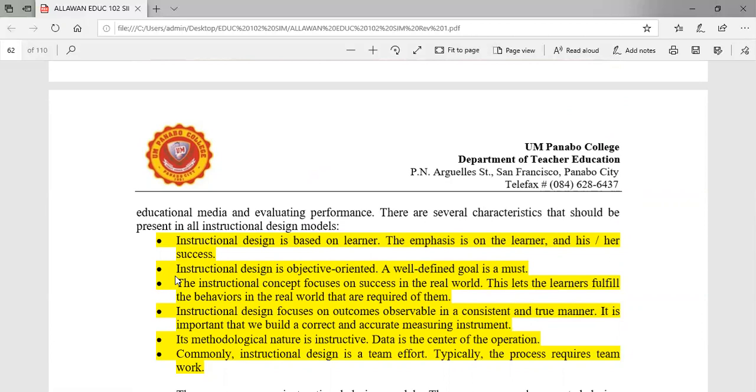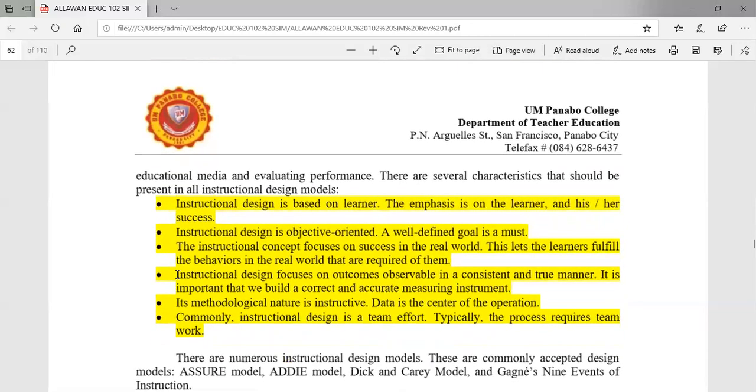Second, it is objective oriented, so it has an objective and a well-defined goal. Then the concept focuses on success in the real world, so what you learned from all the theories in your 4-year degree course at UM Panabo College, you would apply in the future after you graduate and take the board examination.